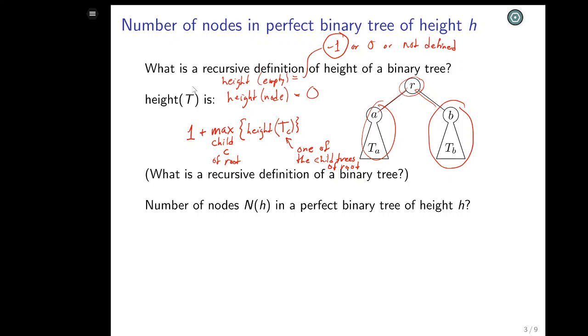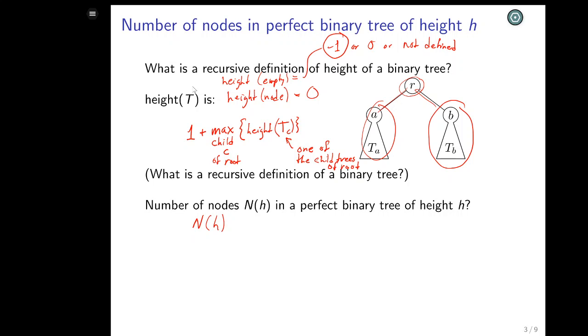What is the number of nodes in a perfect tree of height h? We know what that is. Didn't we solve that as the warm-up exercise? But now we have a recursive definition of trees. Now we can actually prove something. So we have this, well, let's call it a conjecture, that the number of nodes in a perfect binary tree, that means in a full, it's completely, it's got as many nodes as you can put in there.